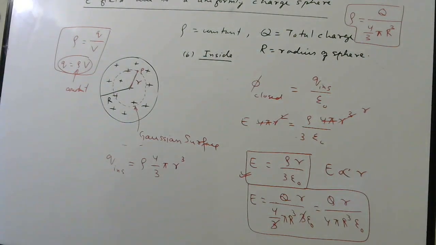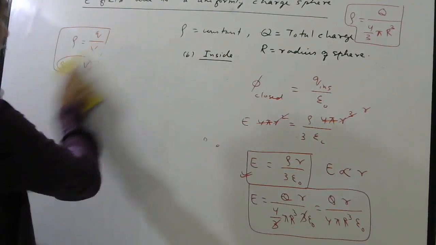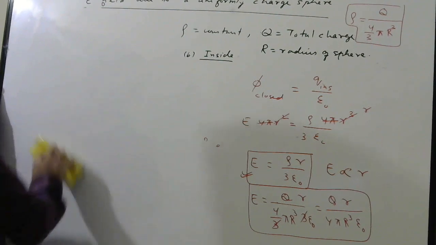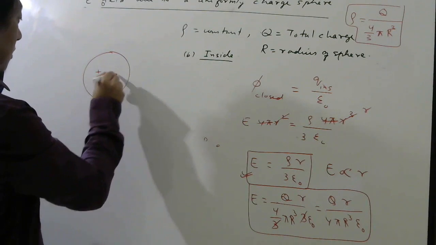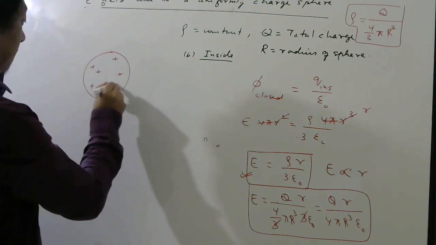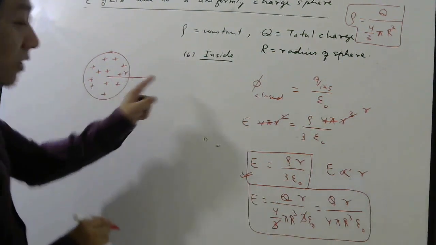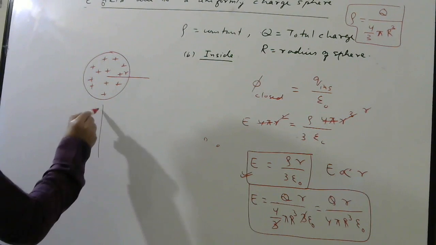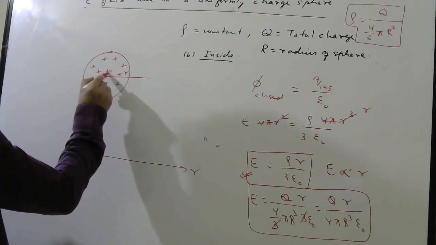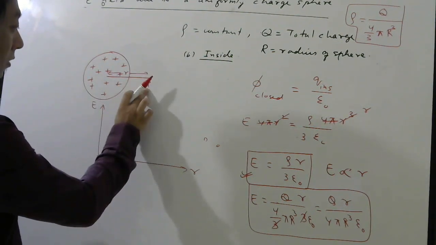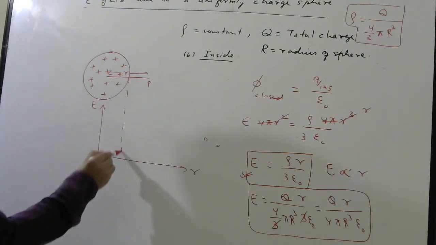So suppose they ask you in the entrance exam how the electric field varies with distance from the center for a sphere of charge, with charge everywhere inside the volume, and this small r is the distance from the center, and somebody says draw a graph for electric field versus distance small r, the distance of the point where you want electric field from the center, then how will it look?